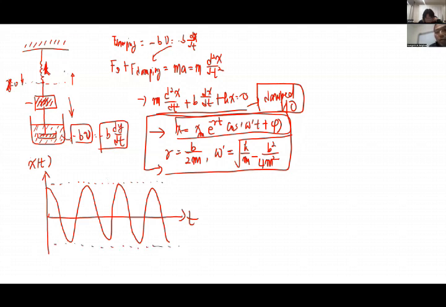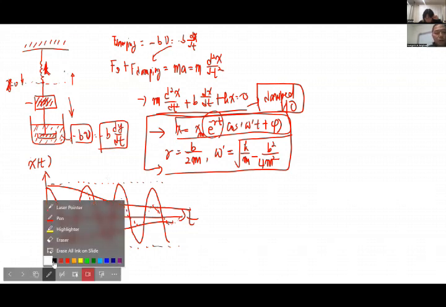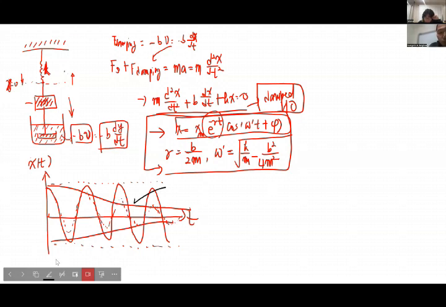But as you can see, this amplitude itself contains the exponentially decaying function, so the amplitude should be exponentially decaying. If you replot the envelope of this amplitude, it should be like this. So the amplitude of this function is proportional to the exponential of minus gamma t.